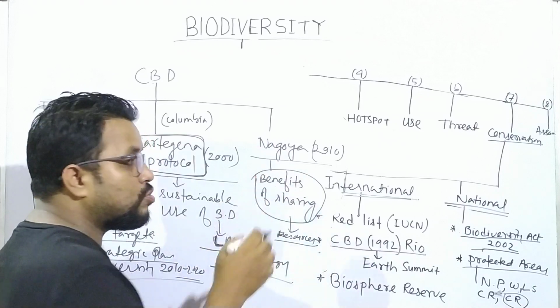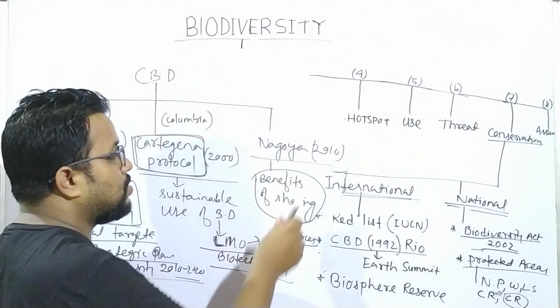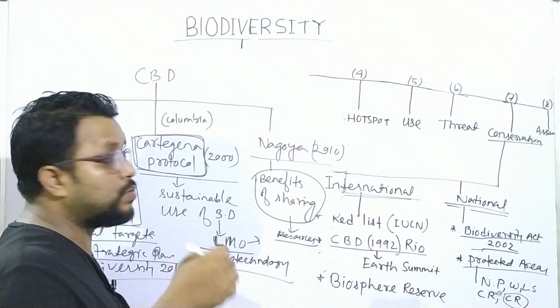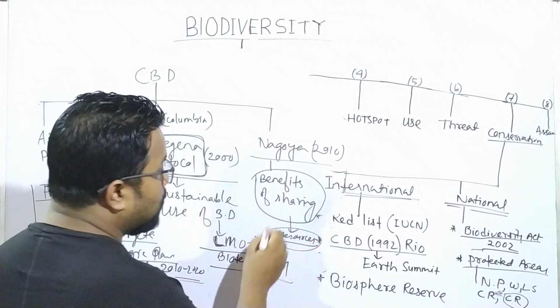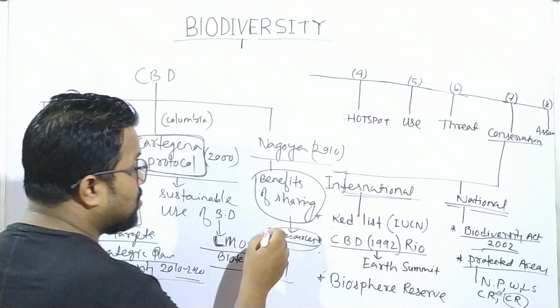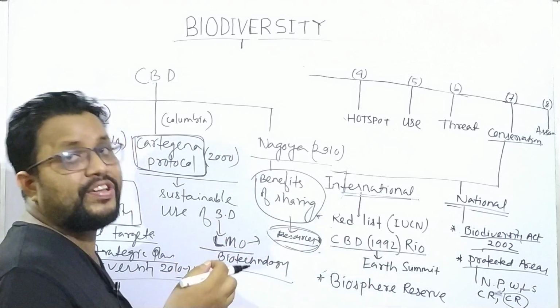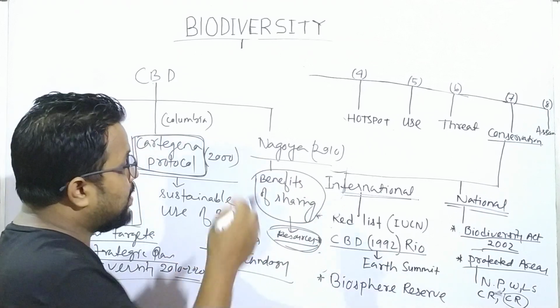Then he has to give something to Indians, as a royalty, because the resources are ours. Since the resources are ours, the German scientist has to give some benefits. Okay, that is called benefit sharing.